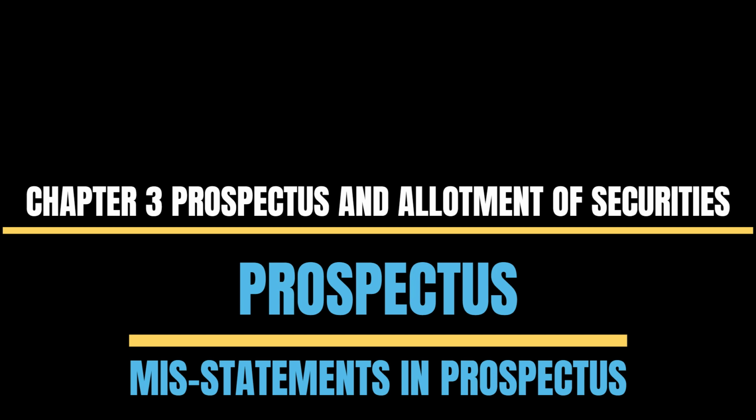Note: loss from misstatement is not essential to hold a person guilty under section 34. Liability for offences under section 34 is strict liability. Hence, it is immaterial whether the omission is intentional or unintentional. In both cases the person will be held guilty under section 34 and liable for punishment under section 447 of this act.